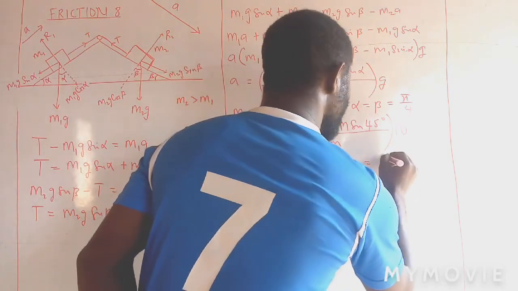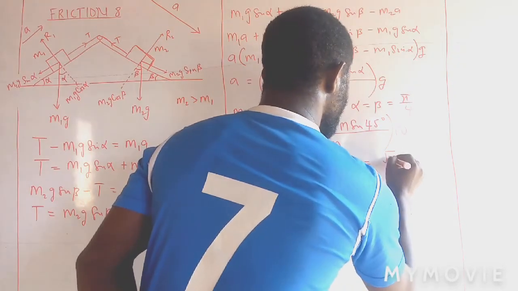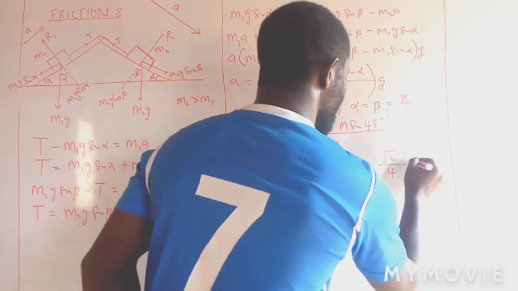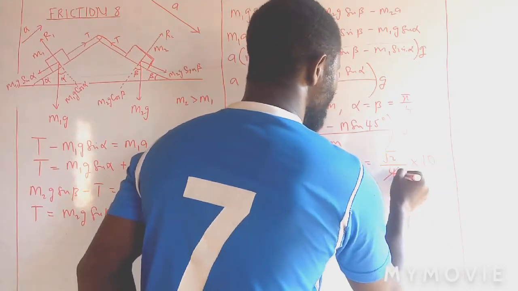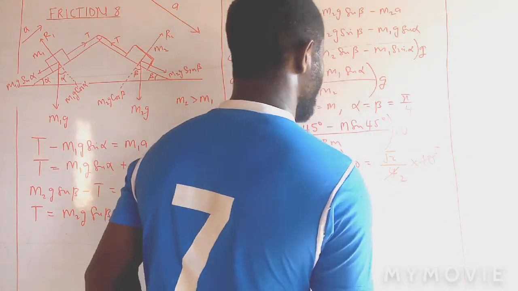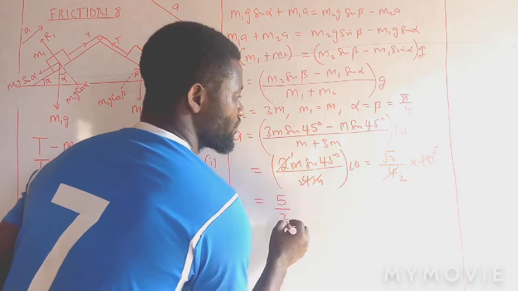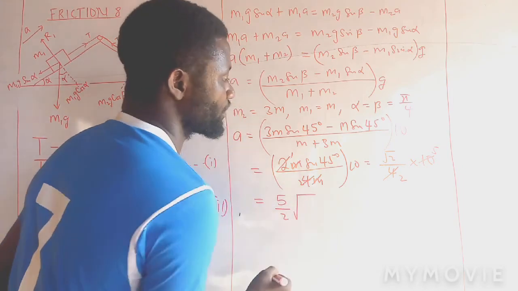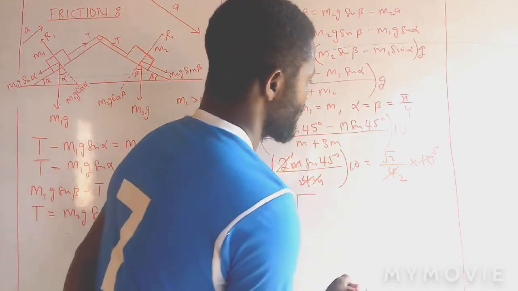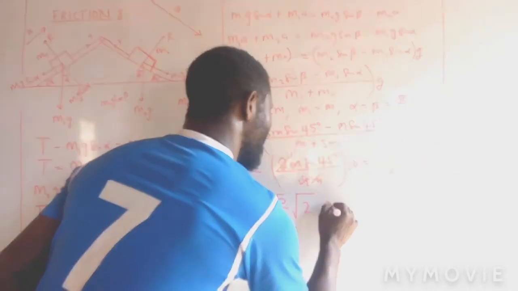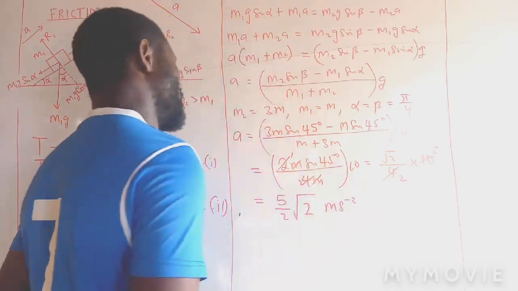Root 2 over 2. So I have root 2 over 2. Multiply by this 2, I have 4. Multiply by 10. 2 here 2, 2 here 5. So my final answer for acceleration is 5 over 2 square root 2 in meters per second square.